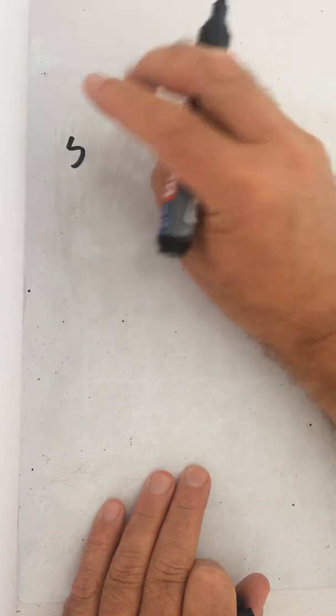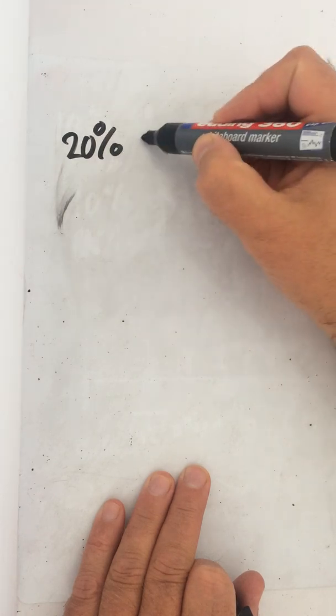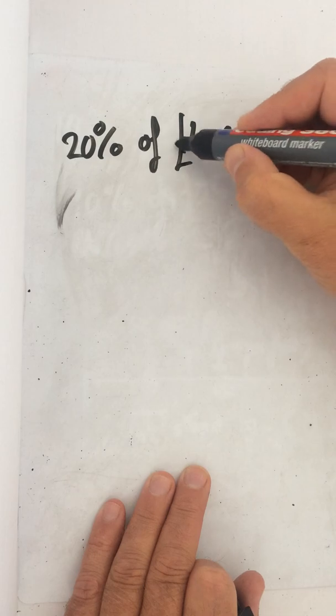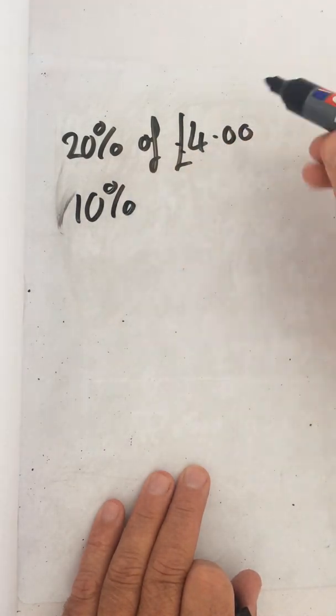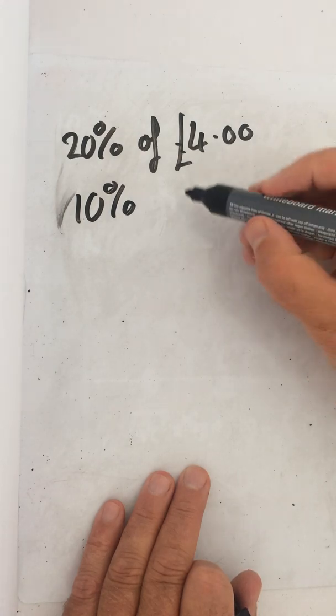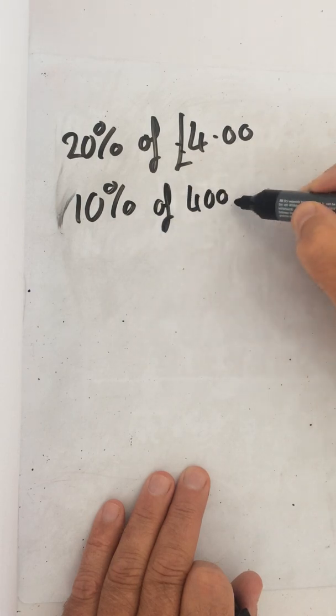So if I wanted to find 20% of £4, okay, first thing I'm going to do is find 10%. 10% of £4. Now actually what I think I'll do here, I'm going to turn this into pence. 10% of 400 pence.